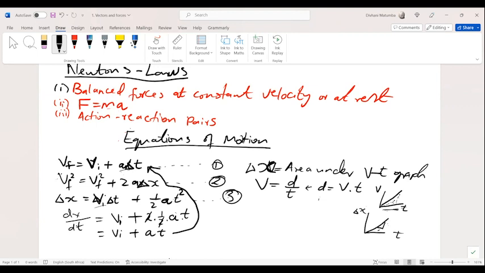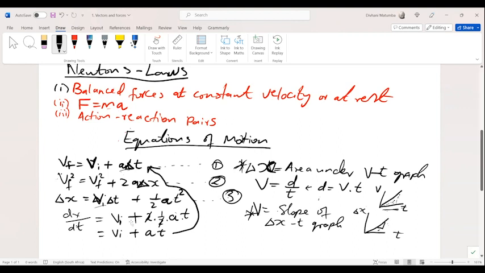And the velocity is given by the slope of a displacement versus time graph. Those are the 2 important points. Please remember those 2 points.